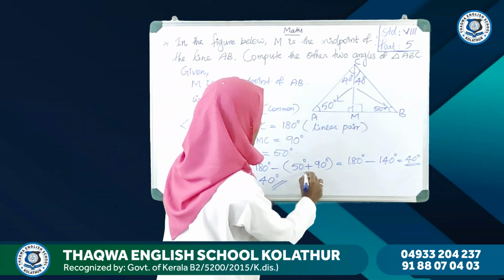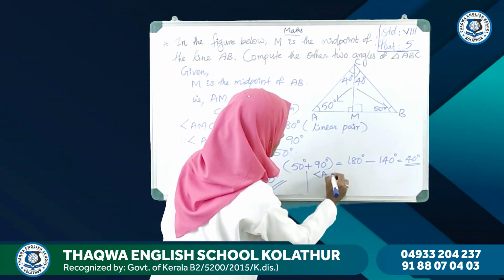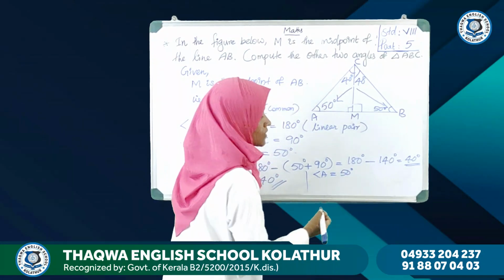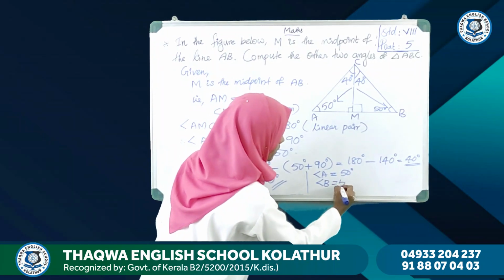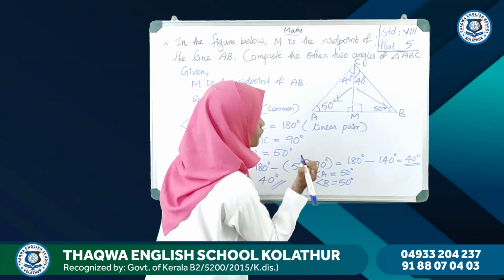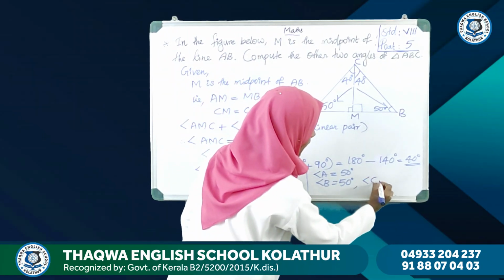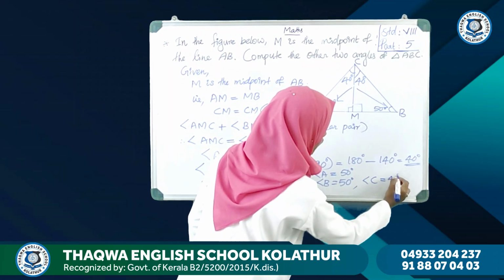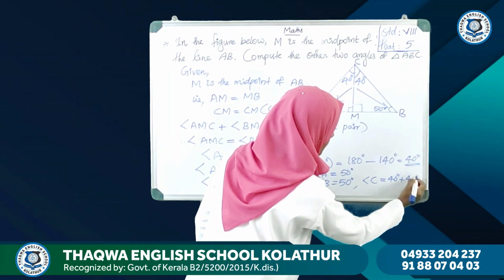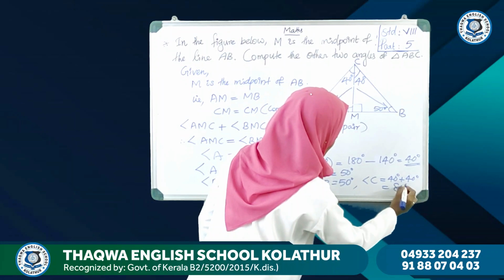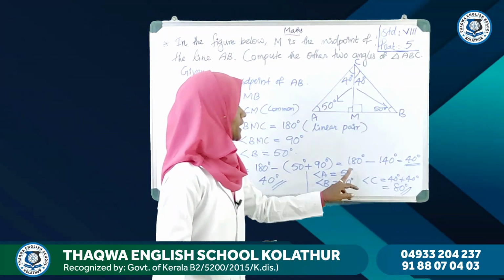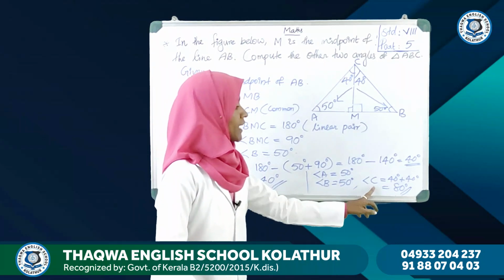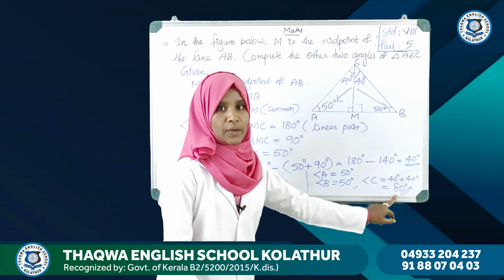Now what are the angles? Angle A equals 50 degree, that is given in the question. Then angle B is also 50 degree. The next angle C is 40 plus 40, that is 80 degree. Okay. Angle A 50 degree, angle B 50 degree, angle C is 80 degree.